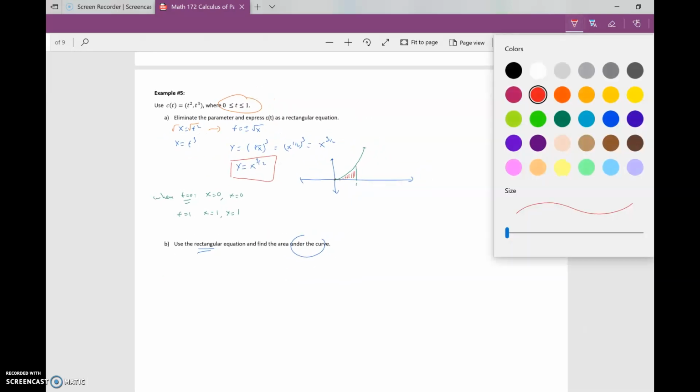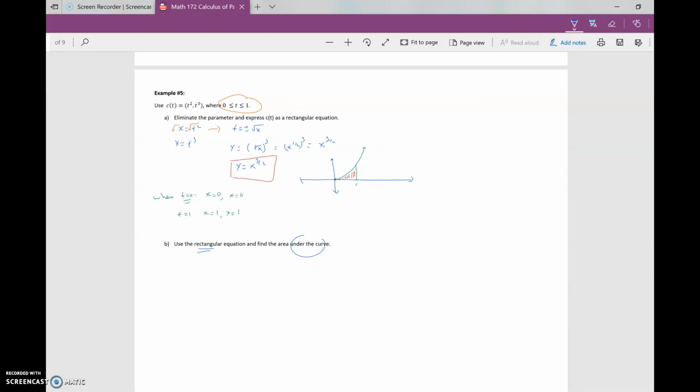Now, as we look at the area under the curve, this is equal to the integral from 0 to 1 of x to the 3/2 dx.